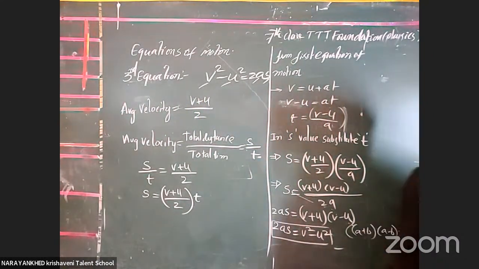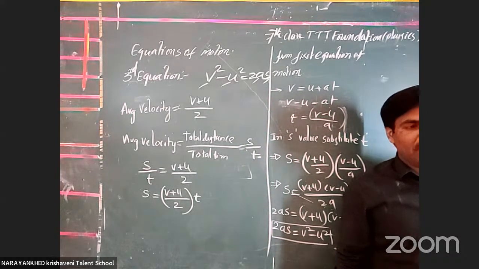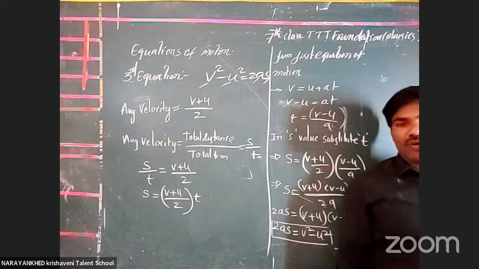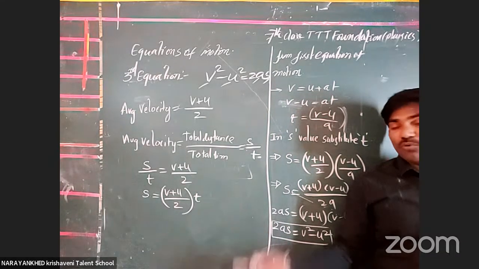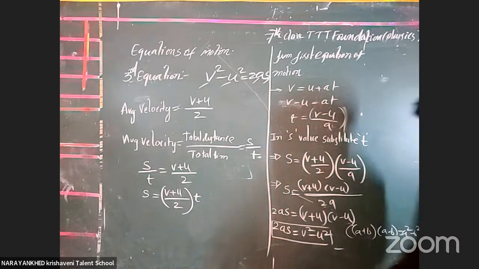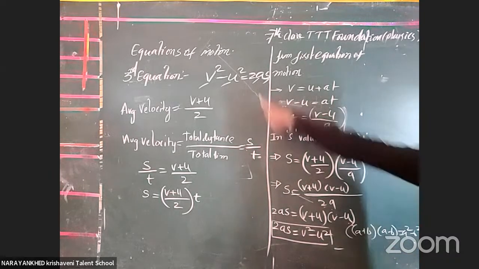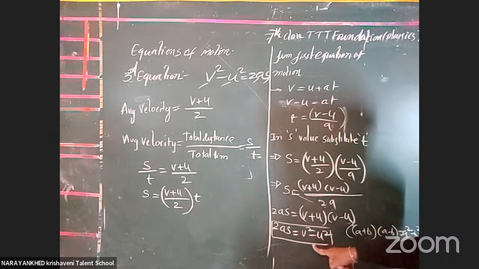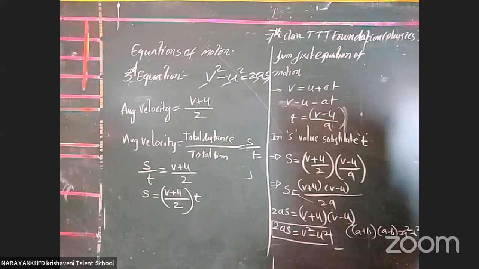A plus B whole square is A square plus B square plus 2AB. A minus B whole square is A square plus B square minus 2AB. When those two are multiplied, it becomes A square minus B square. Got it or not? By using that we get V square minus U square is equal to 2AS. Yes, that is it. You have to write it down.